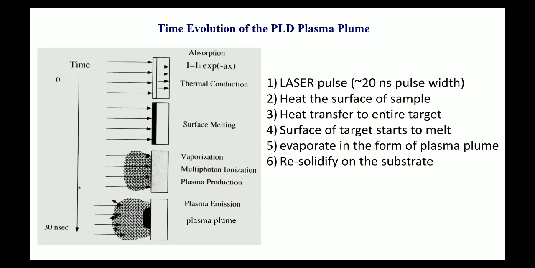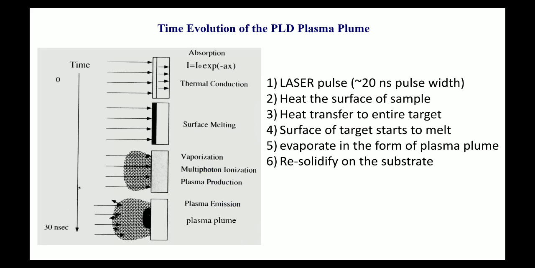So here in short we can try to understand how fast this process is to generate the plasma plume. You can see there is a time evolution of the pulsed laser deposition plasma plume. We have shown some schematic representation of these steps, what is happening with the surface of the target when the laser pulses are incident.